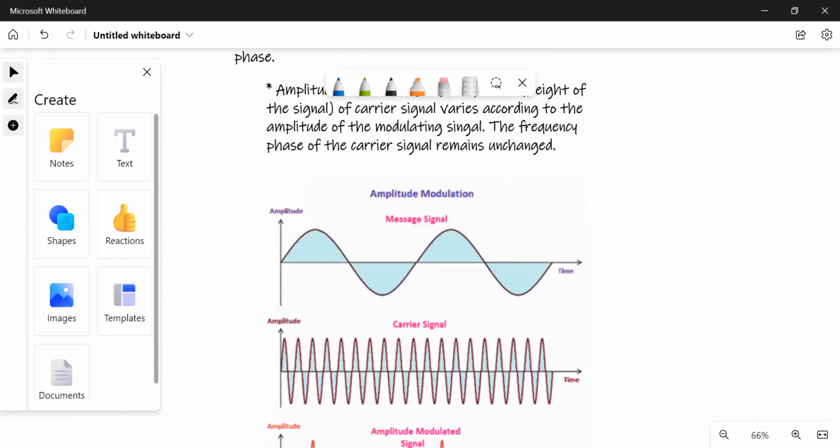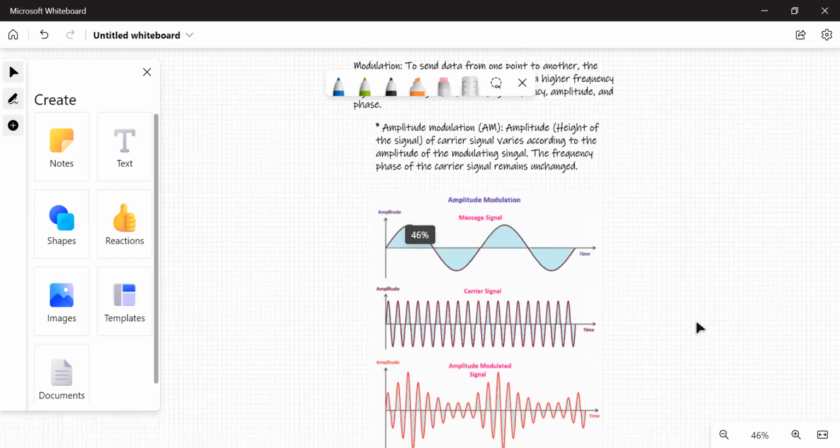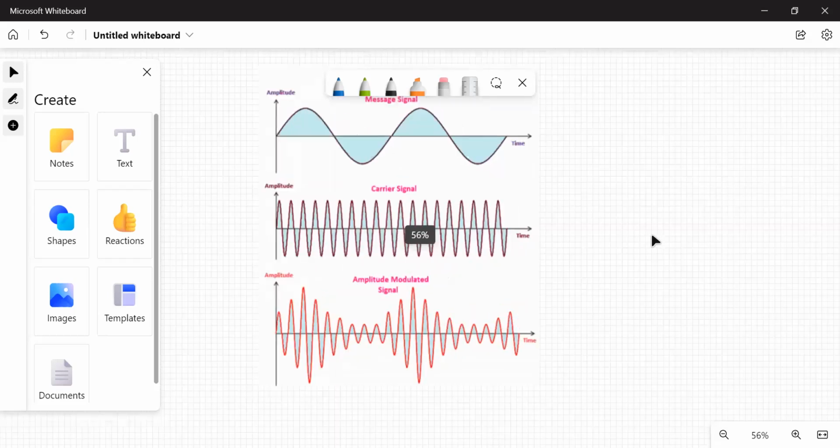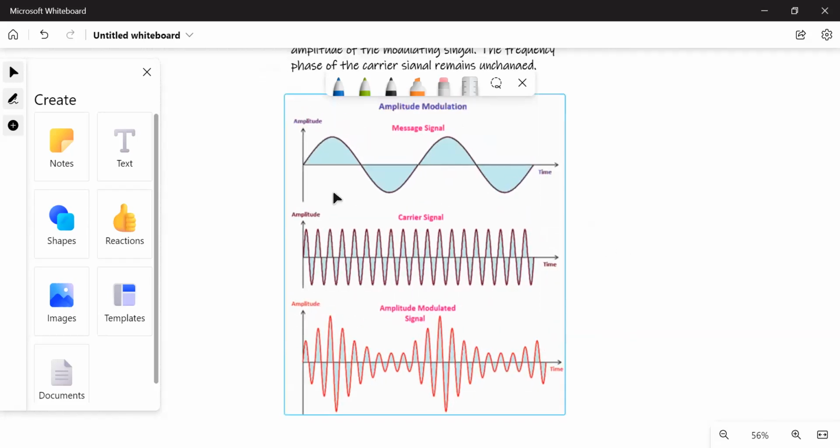Now it's like this. So let's say this is the signal, and you can see the height is the amplitude, and this is what we want to send.